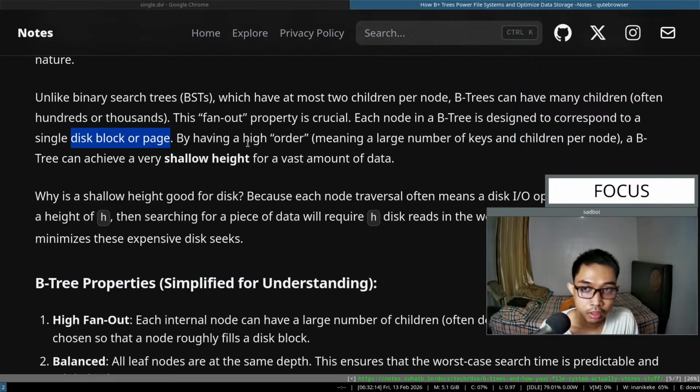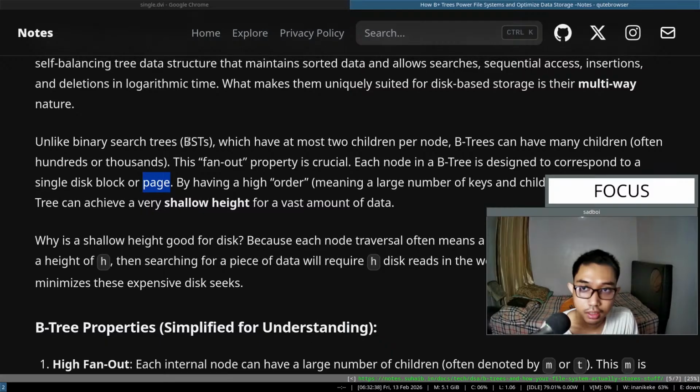By having a high order, I assume this is the smallest size in the storage. Maybe, we haven't taken a look at the page yet, right?